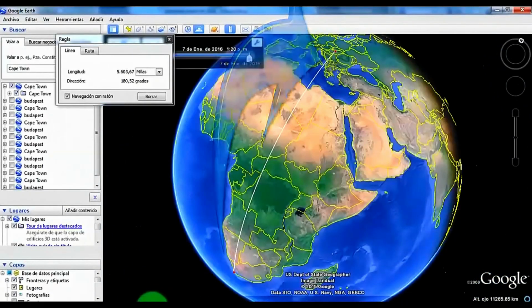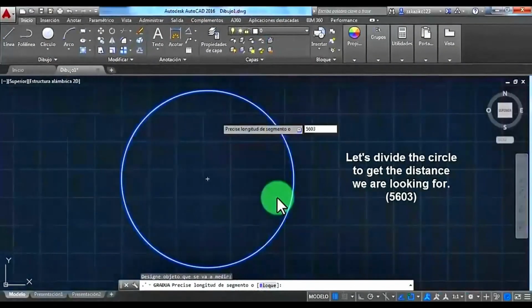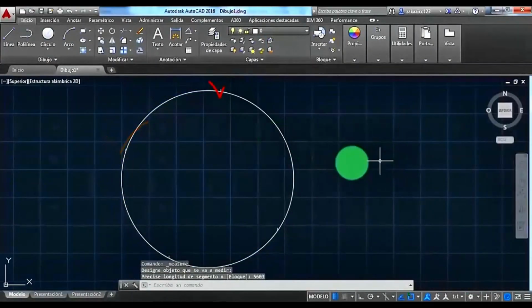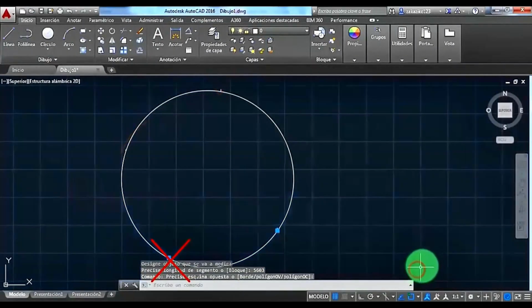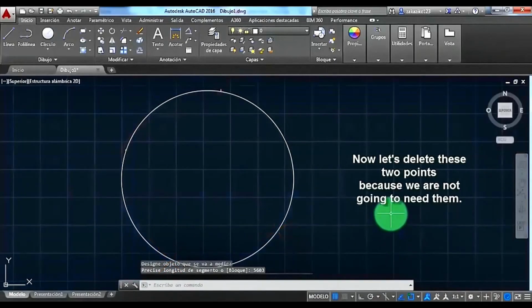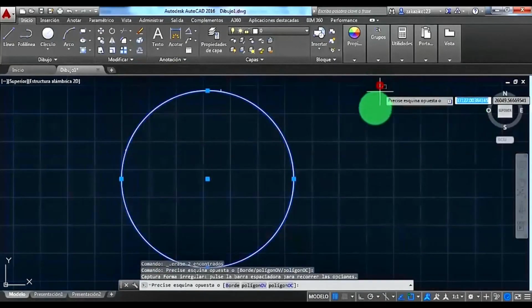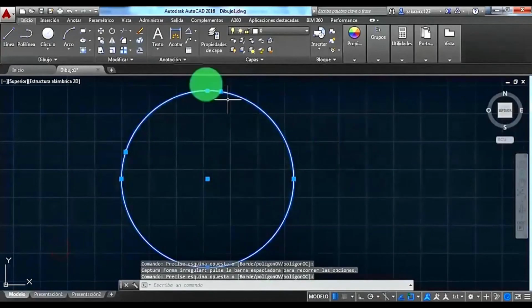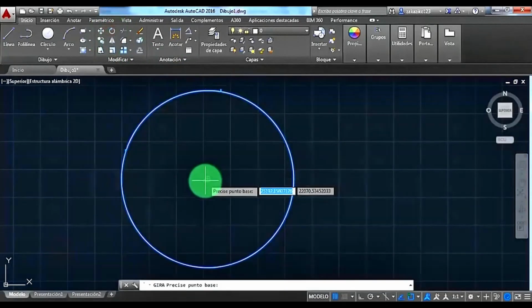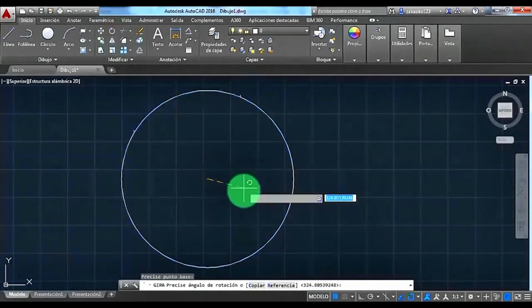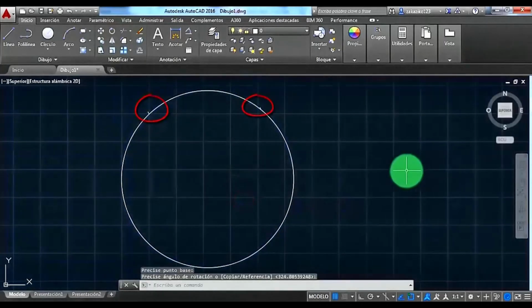Now let's go back to AutoCAD. Let's divide the circle to get the distance we are looking for, which is 5,603 miles. Now let's delete these 2 points because we are not going to need them. Let's rotate the circle to get a better view. Now it looks better.